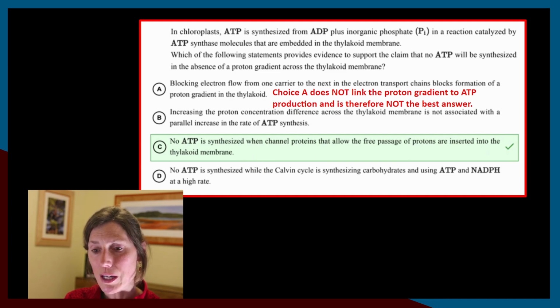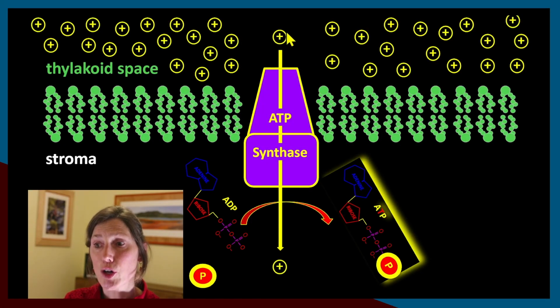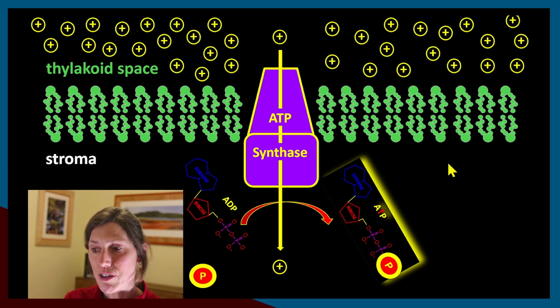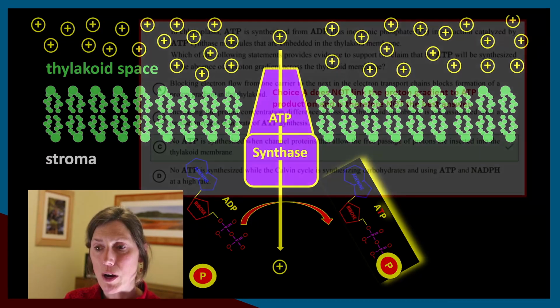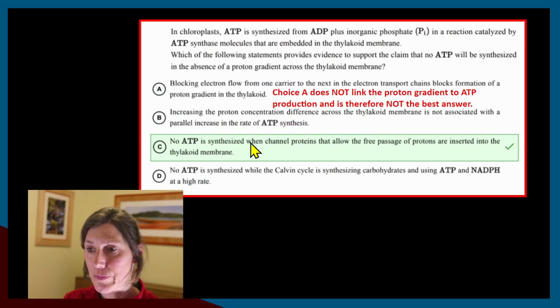So this would mean that instead of the hydrogen ions going through ATP synthase, channel proteins would allow these hydrogen ions to go through where they shouldn't, where it wouldn't result in the production of ATP. And that's why choice C is the correct answer.